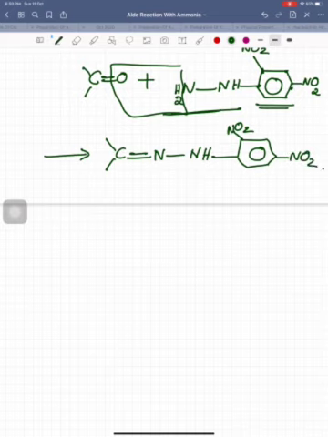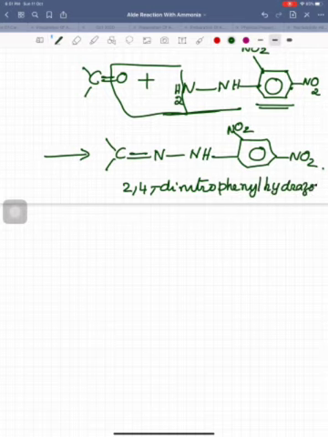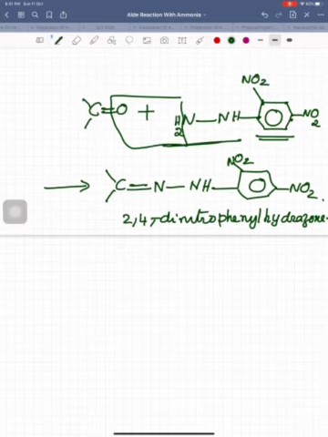The name of the product formed here is 2,4-dinitrophenyl hydrazone. Okay, if we use ethanal with this 2,4-dinitrophenyl hydrazine addition, you can get ethanal 2,4-dinitrophenyl hydrazone as the product.